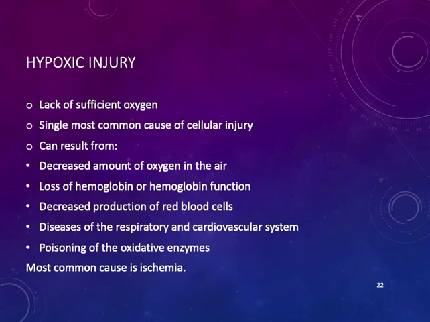So if they are anemic or have severe blood loss, it puts them in a state of hypoxemia. Decreased production of red blood cells, once again, would be like an anemia. Also diseases of the respiratory and cardiovascular system. And I think all this stuff should make sense to you. Poisoning of oxidative enzymes, but the most common cause, like I said, is ischemia. So that's typically a hypoxic injury.